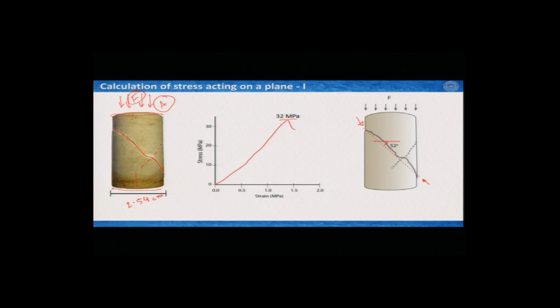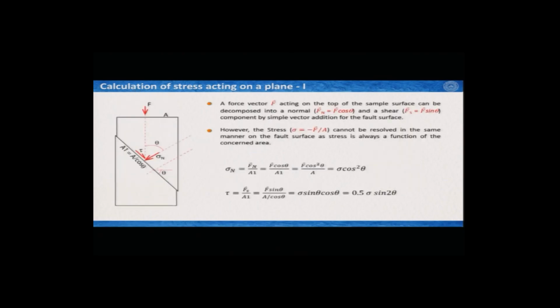Now, the task is to find out what was the normal stress on this surface and what was the shear stress on this surface. To do that, what we generally do in the laboratory, we first have to make some sort of working drawing.